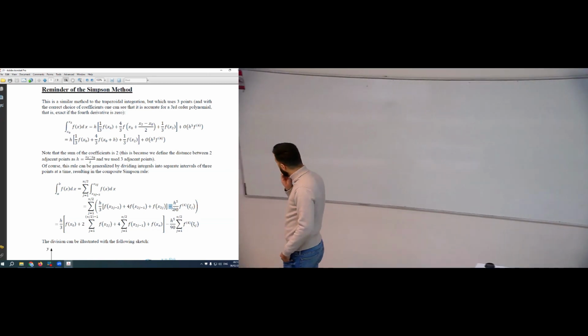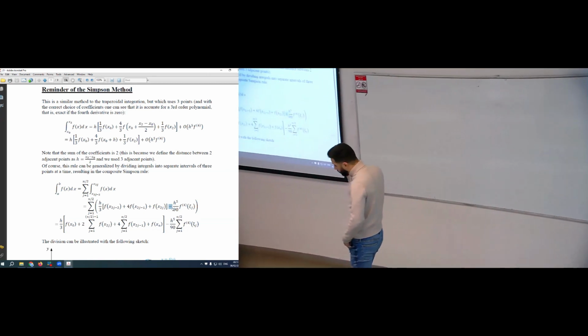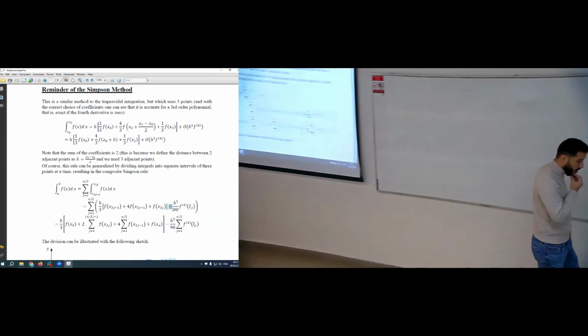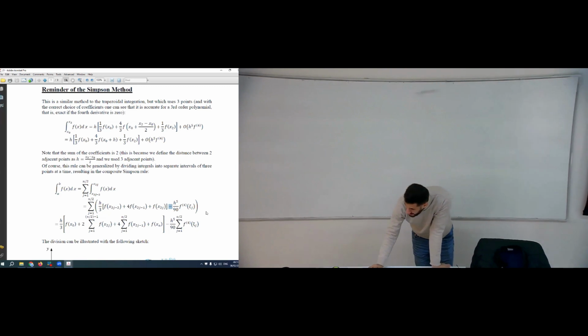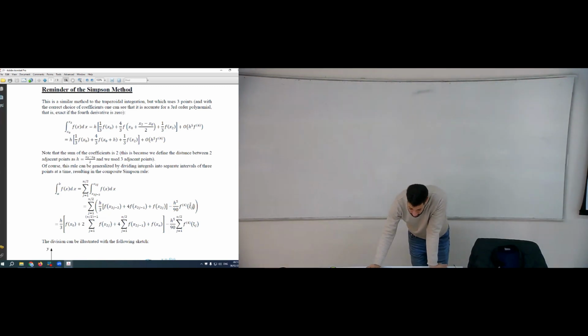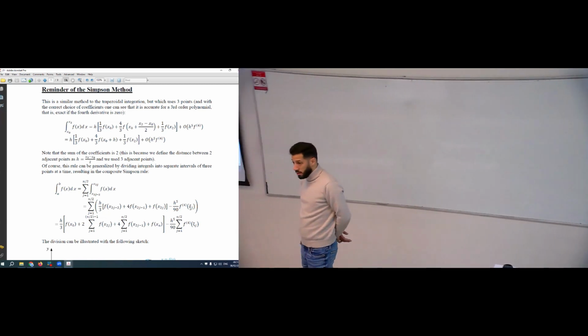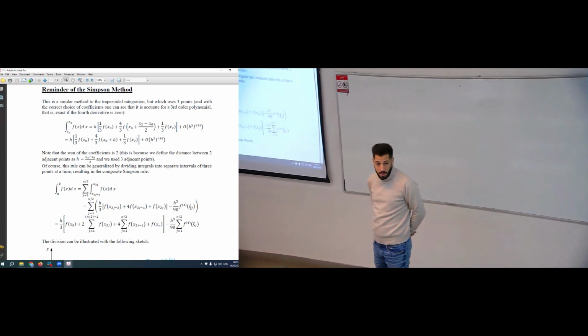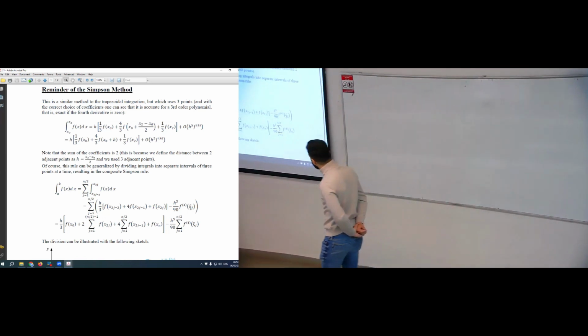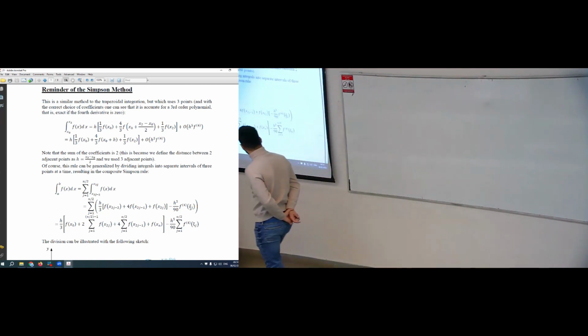We can prove that, multiplied by the fourth derivative of the function at some point psi j, where psi j is a point between what and what? Psi j is between x2j minus 2 and x2j.